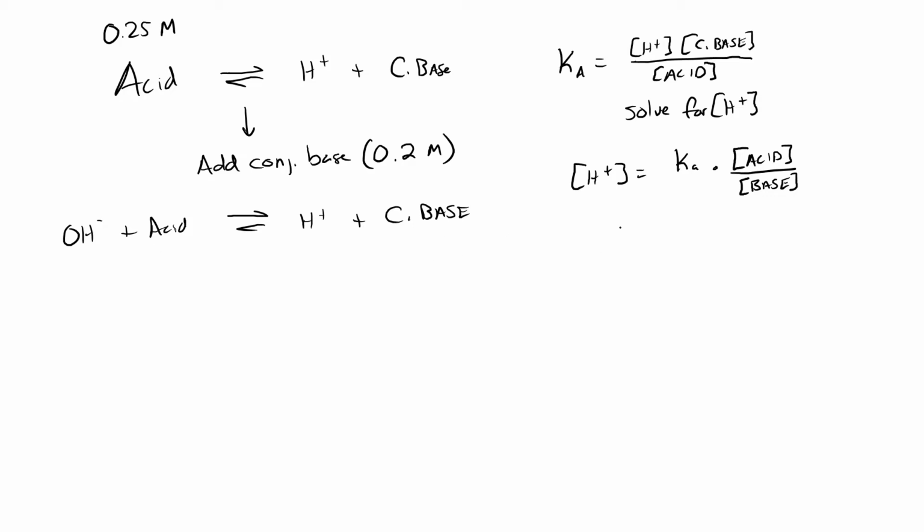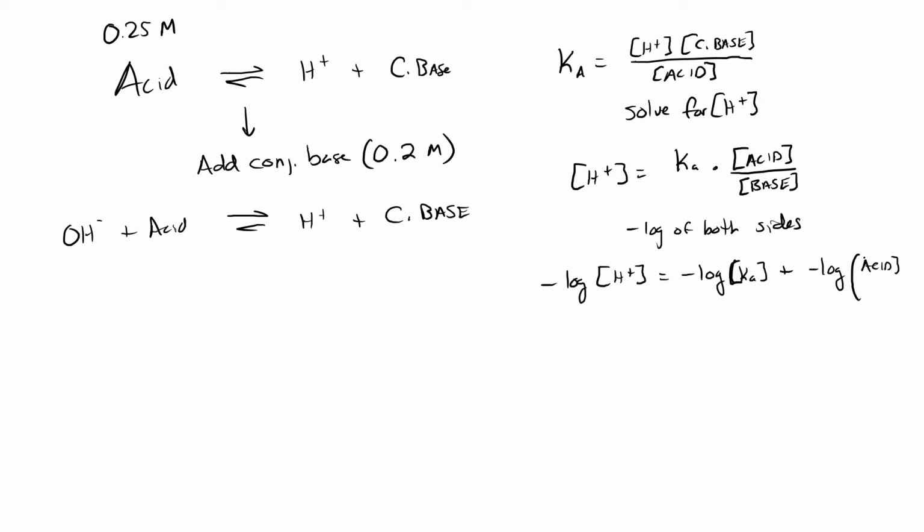Let's take the negative log of both sides. The negative log of H plus equals the negative log of Ka plus the negative log of the concentration of the acid divided by the concentration of the base.